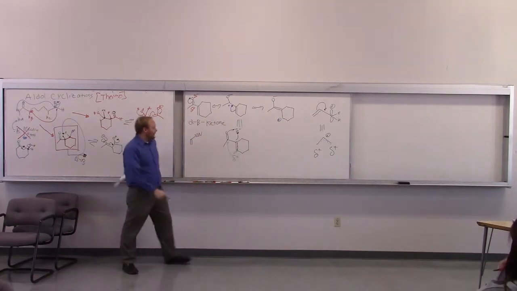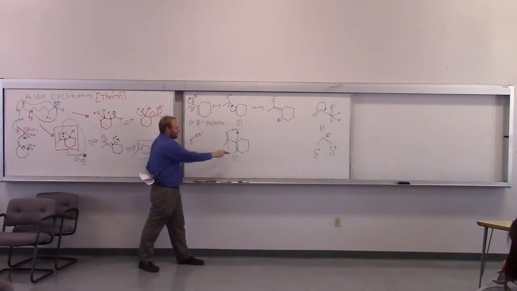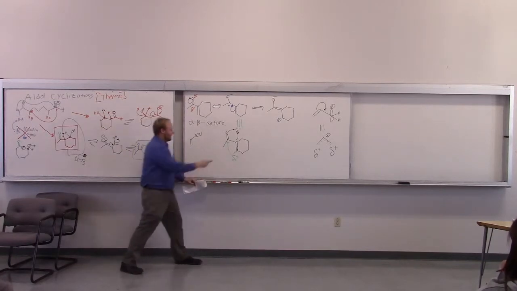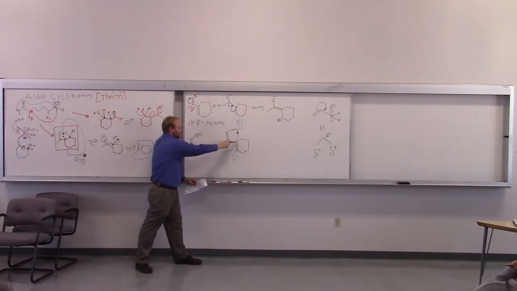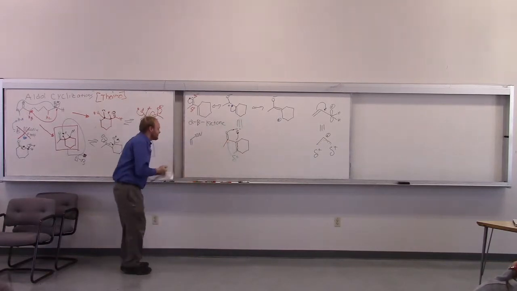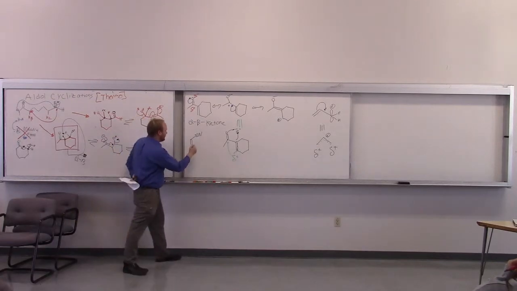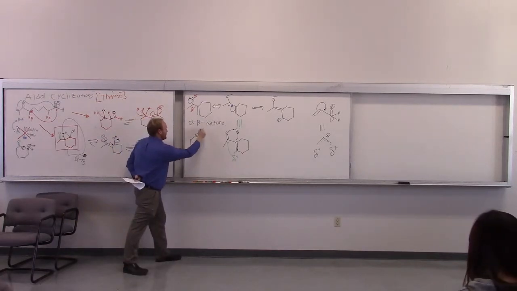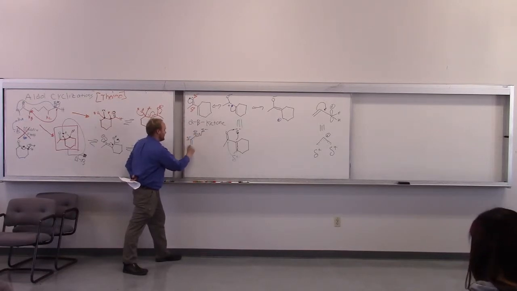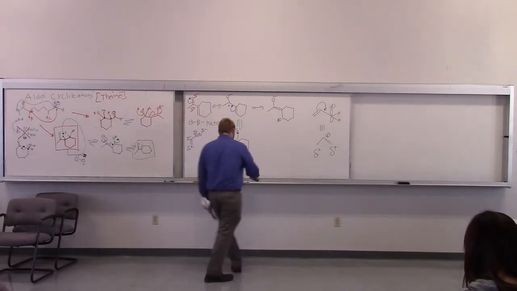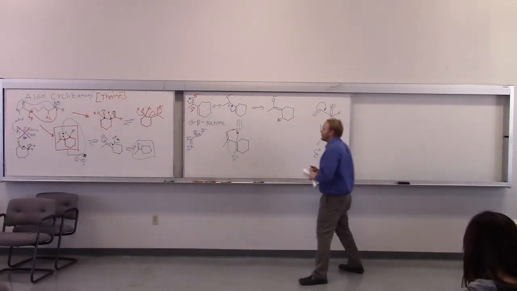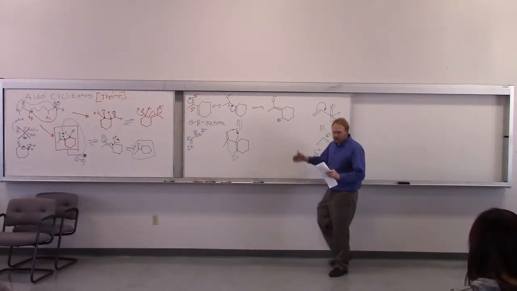You're going to have a partial positive charge at your beta carbon and your carbonyl carbon, and a partial minus charge at your alpha carbon and your oxygen. With the nitrile, it'll be the same idea: partial minus, partial positive, partial minus, partial positive. And all the electron withdrawing groups like nitro groups and sulfonyls have that same idea.